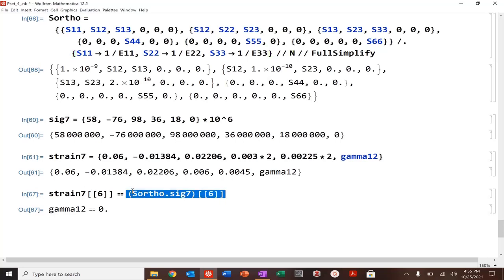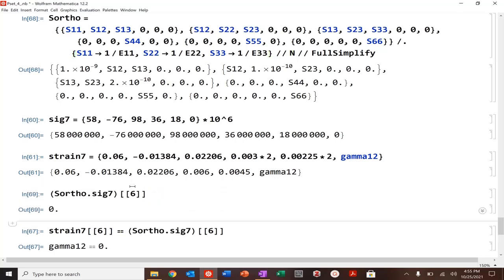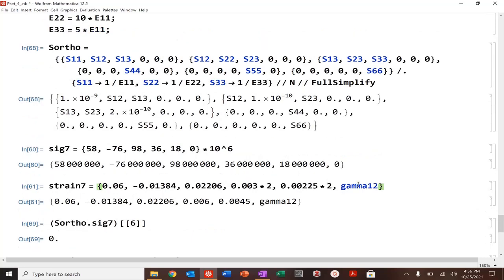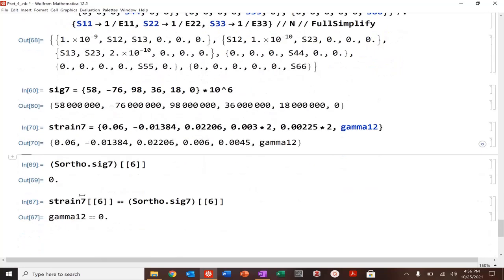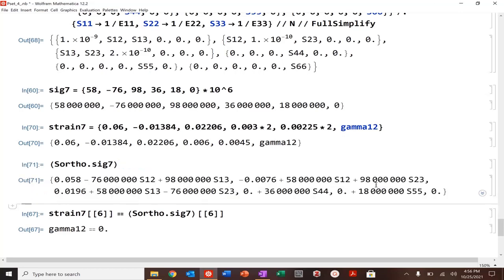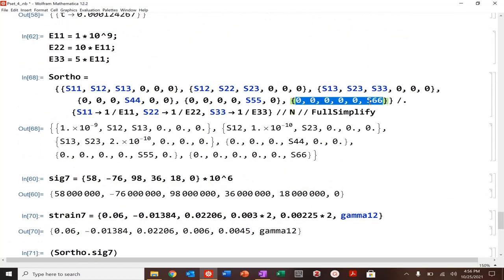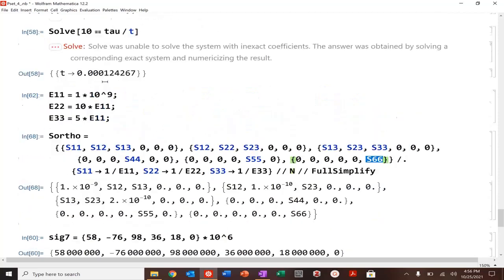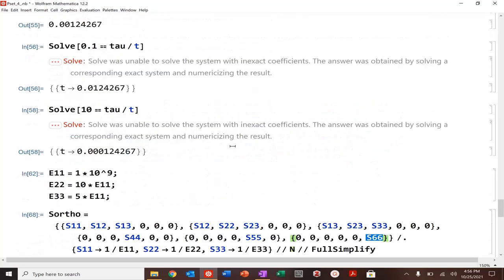Let's pull out this equation. I think it's already set to 0 times this. So we know that S66 exists, but we don't see any stress there, so we know that our gamma 12 must be equal to 0.